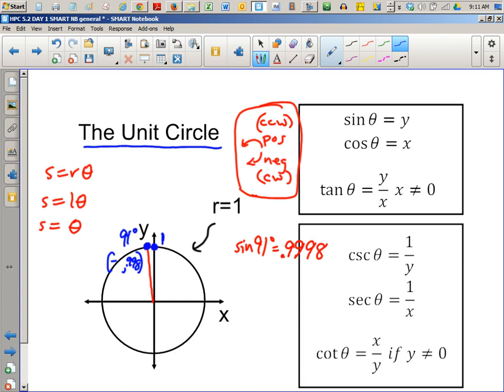I wonder what the x-coordinate is. Well, let's find cos 91. I'll bet it's something slightly negative, like barely to the left of 0. Is that true? Yes. What is it? -0.0174.